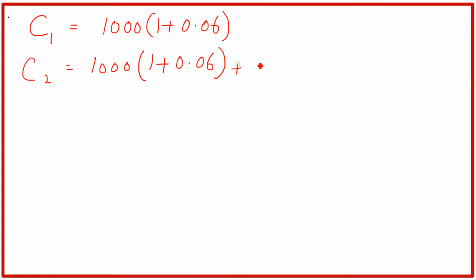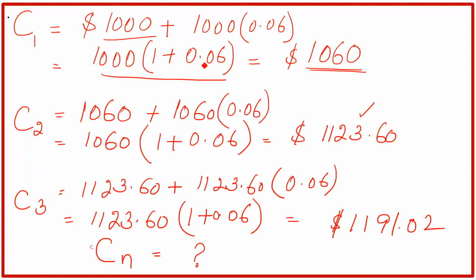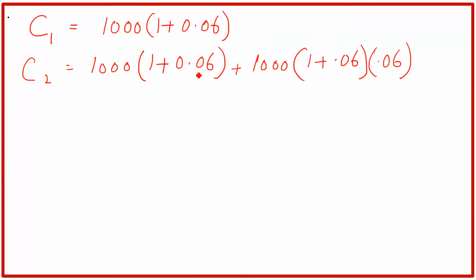And you will get 1 plus 0.06. Okay, I will explain what I did here. This one was your original investment and you are getting 6% interest. We have proved this here, and the second is this one. So we can write down C2 like this as well.